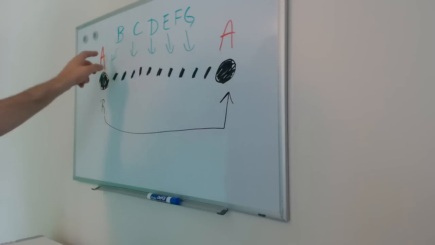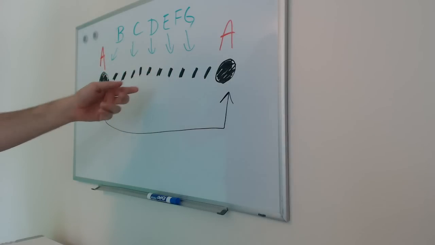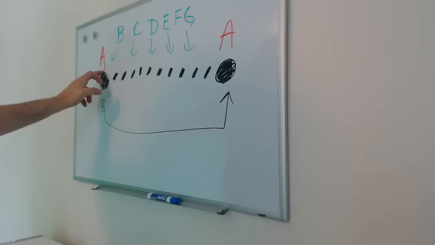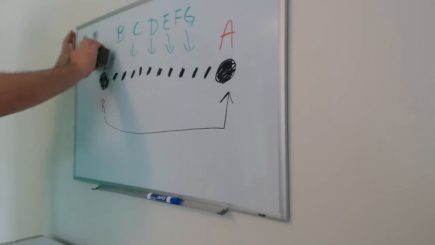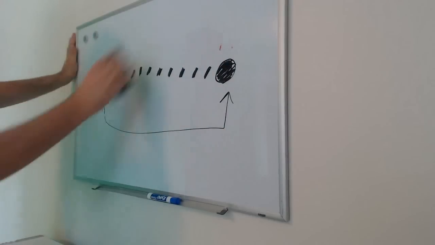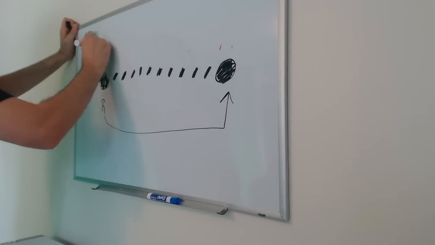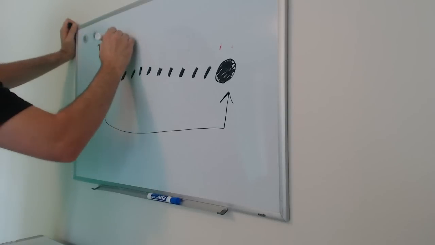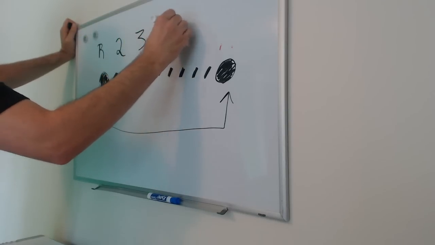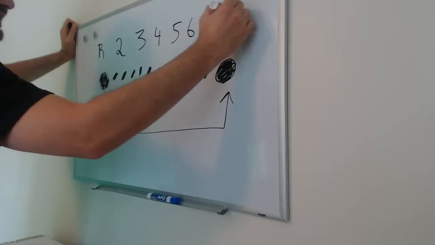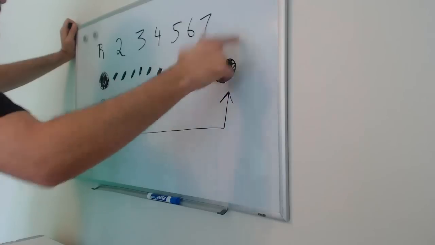If we forget about the letters, because the letters are going to change depending on the root, you know, the root can be any note, but if we change these to this, the root is the reference point, and then we have the second, the third, the fourth, the fifth, the sixth, the seventh, and then the octave right here, which is 8, or the root again, it doesn't matter.